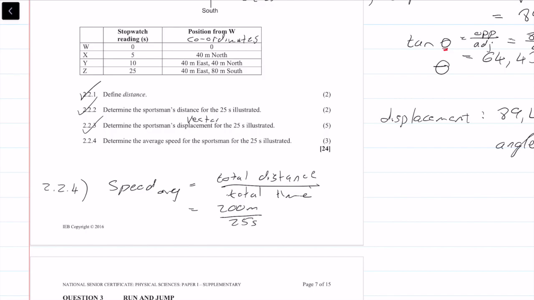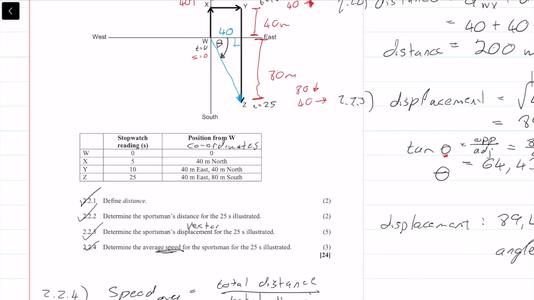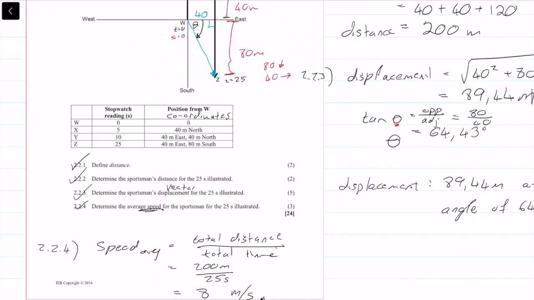If we put this into our calculator, we get a value of 8 meters per second, and that is the final answer. Speed is a scalar, so we don't need a direction. That is that, and we get 24 marks for question 2.